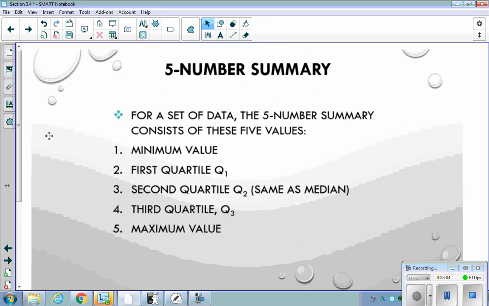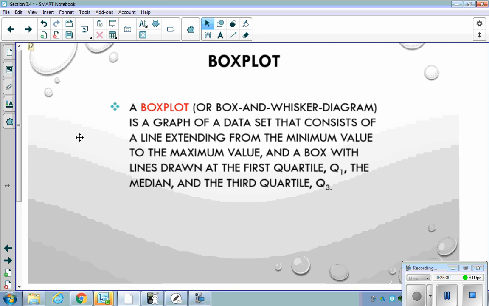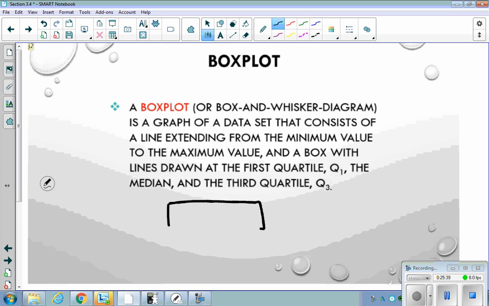Here's what we need to build our box plots. It is called the 5-number summary. You need your minimum value, your quartile 1, your median, your quartile 3, and your maximum value. So the way we build our box and whisker is we're literally going to have a box. This is going to be our median, which is the same as quartile 2.